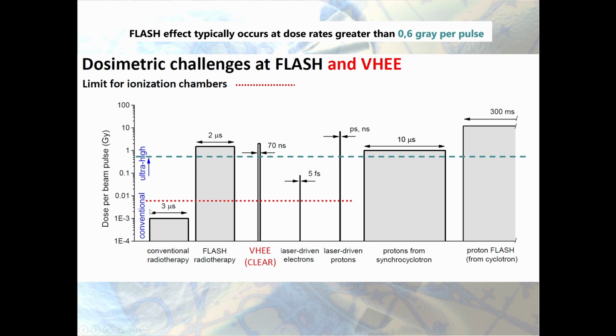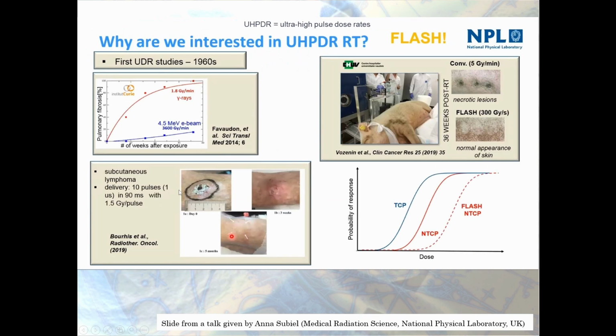And you see that with conventional radiotherapy, we are far below, orders of magnitude below the flash effect. The other red dotted line here stands for the limit for conventional ionization chambers. They can work up to there, but after that they are no more reliable. And this is indeed a problem for dosimetry.